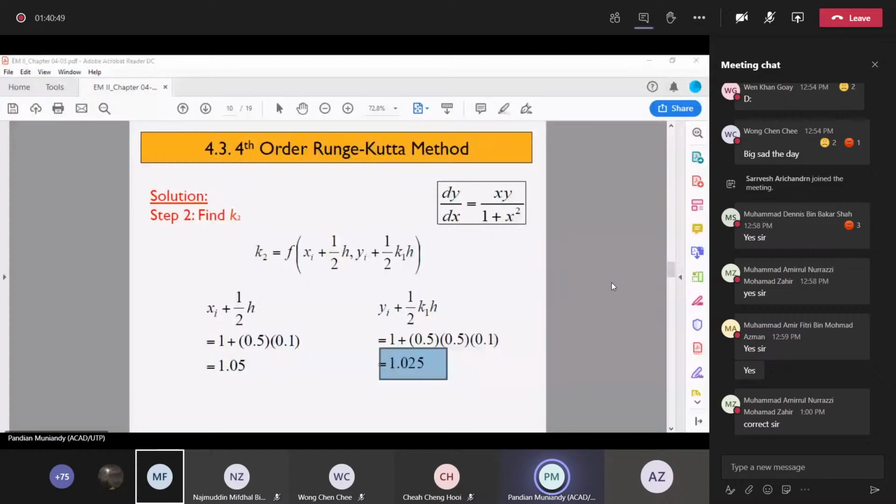So K1 0.5 plus 2 K2 0.51189 plus 2 K3 0.51219 plus K4 0.52323. So you calculate, you check, can you get 1.05119? Please check, class. 1.05119.